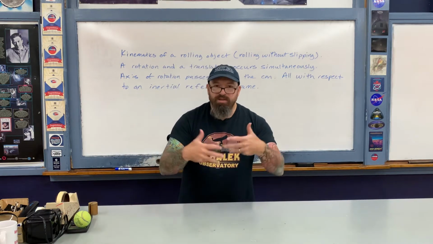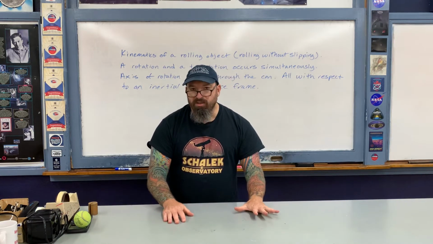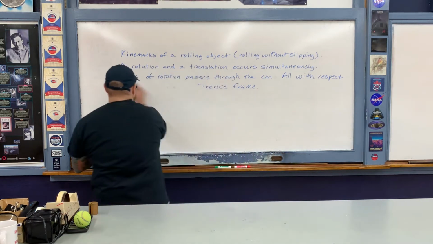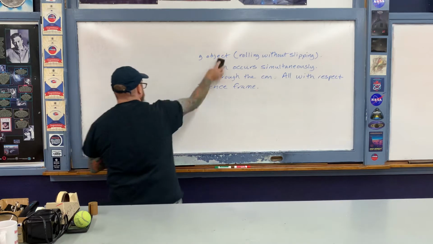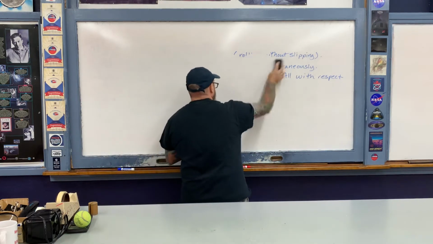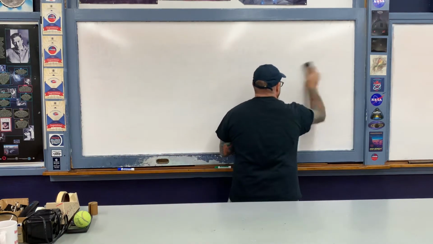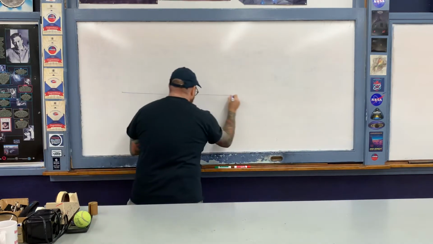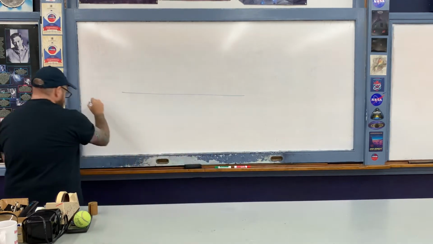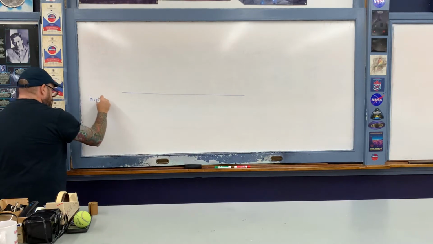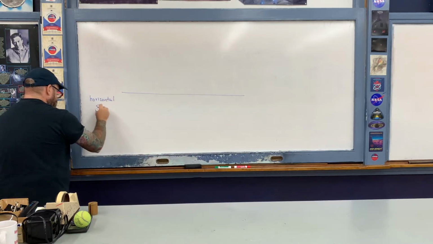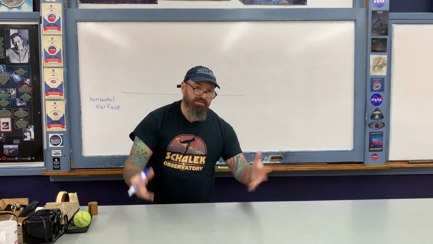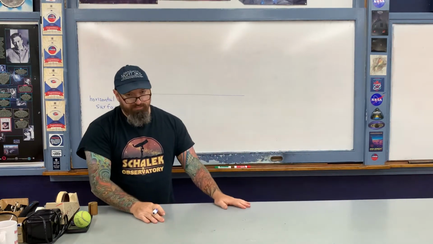Okay, now here's how we begin to set this up in describing the kinematics of a rolling object. First of all, let's say we have here a horizontal surface. That's the desk, for example. And consider the desk, consider the room here, as an inertial reference frame.